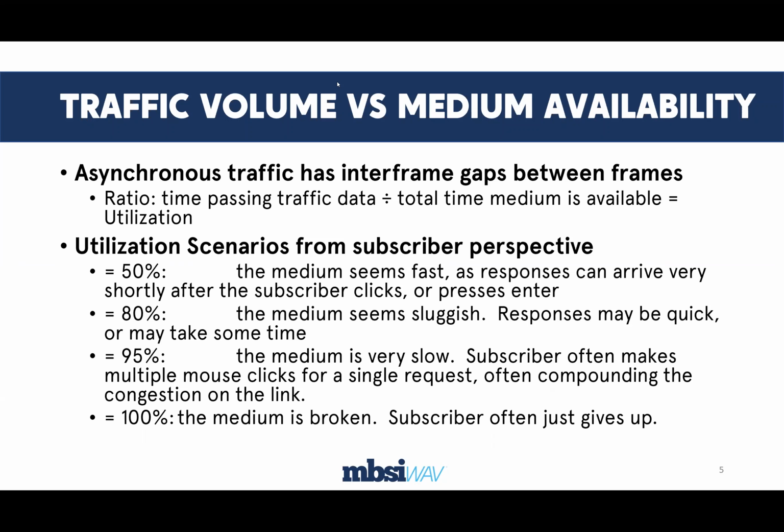This interframe space allows the TDD network to do other things while we're waiting in between the request and response from the user to the internet and back again. So the reason that we have the capacities that we do is because the access system is very efficient at filling in the gaps with other tasks that it needs to do.